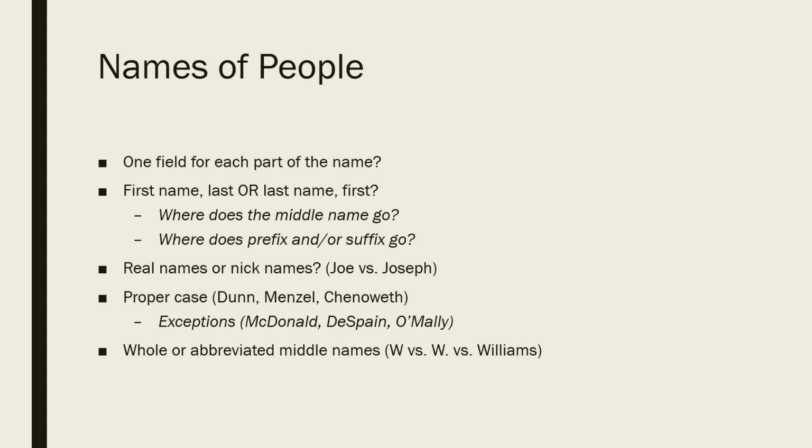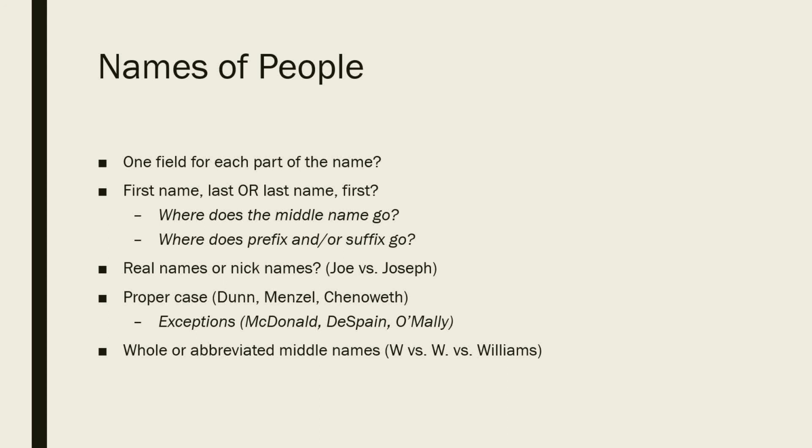You may be keeping track of names of people too. So are you going to have one field for each part of the name? Middle, first, last, suffix, prefix. Are you going to have one field that represents the entire name? And if so, what order are you going to put the words? First name, last name, or last comma, first? What are you going to do about nicknames?